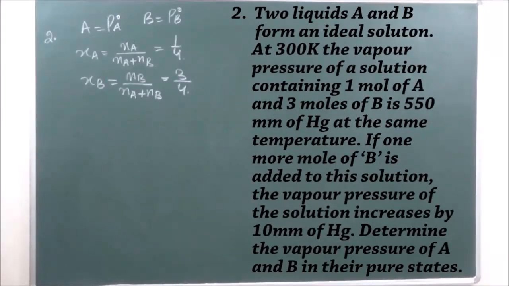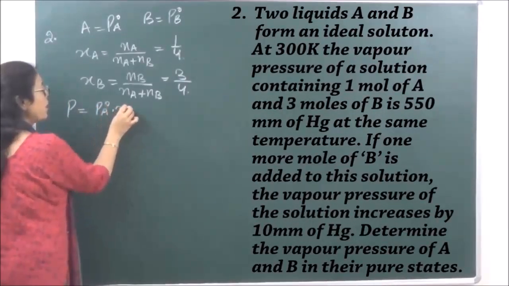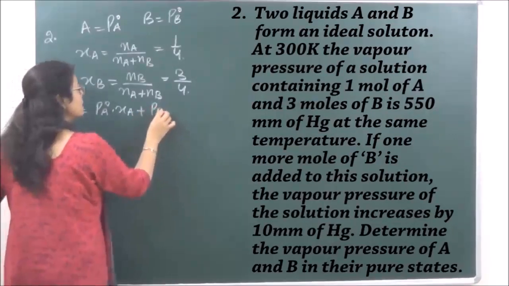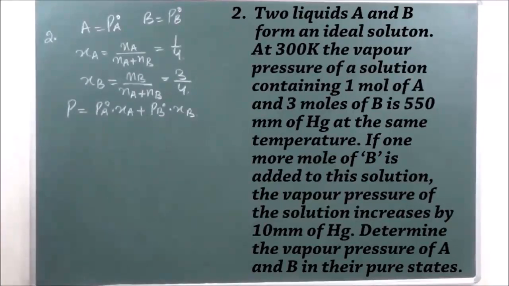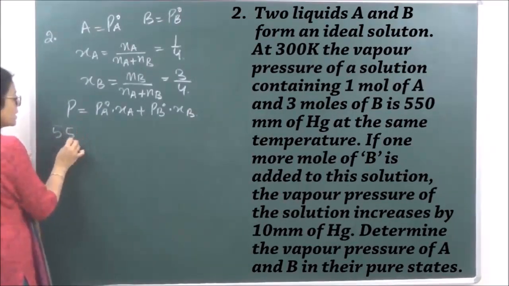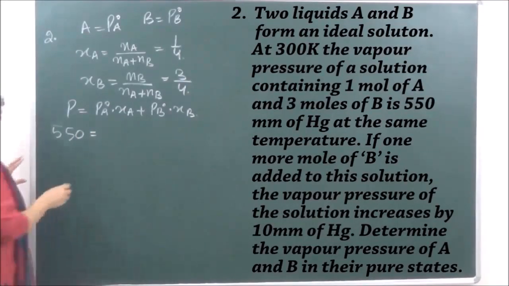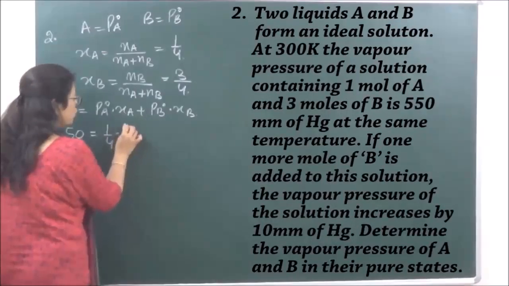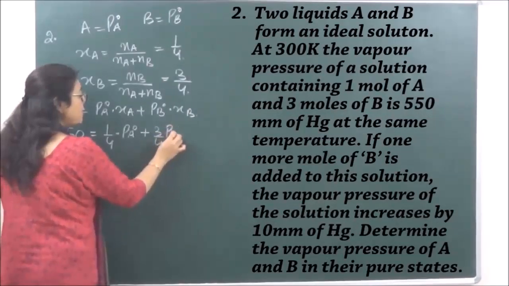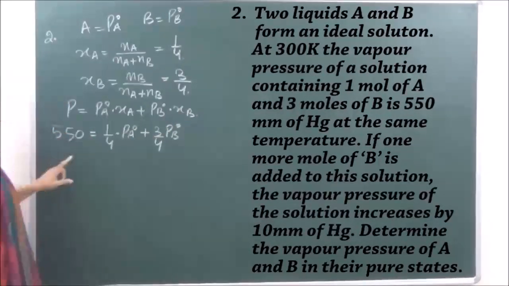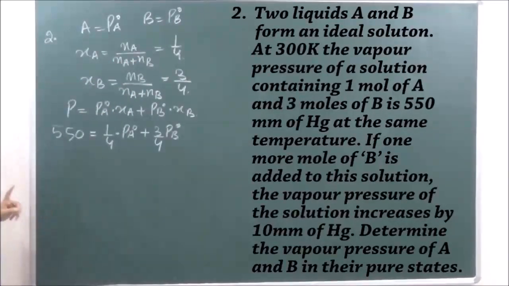Now, the total pressure will be equal to PA naught into XA plus PB naught into XB. The total pressure given here is 550, so that equals 1 by 4 into PA naught plus 3 by 4 into PB naught, as XA is 1 by 4 and XB is 3 by 4.